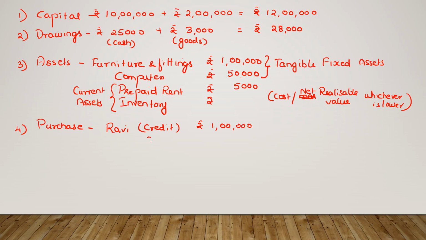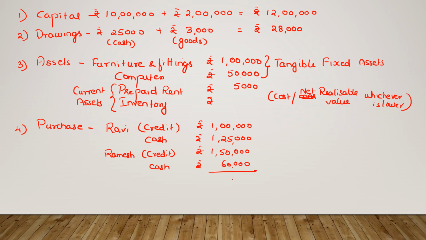At the same time, cash purchase also was there of 1,25,000. At the later date, there was a credit purchase from Ramesh, which was 1,50,000, and there was a cash purchase of 60,000.